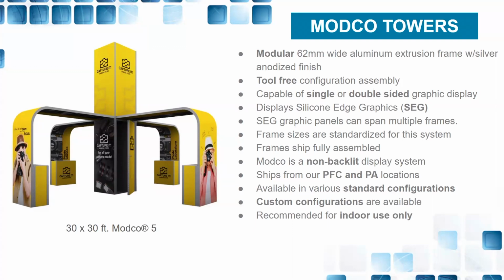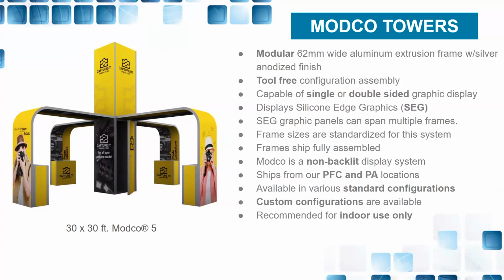non-backlit display system. A lot of that has to do with the thickness of the profile being at 62; you really can't do a backlit light box out of this one unless you're going to use ladder lights and build something custom. But as a general rule, this is a non-backlit display system.